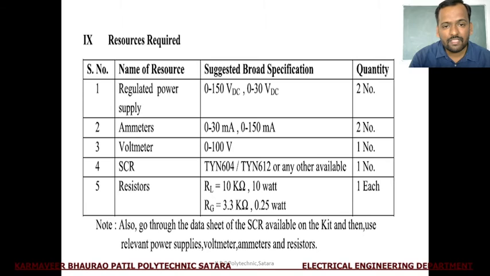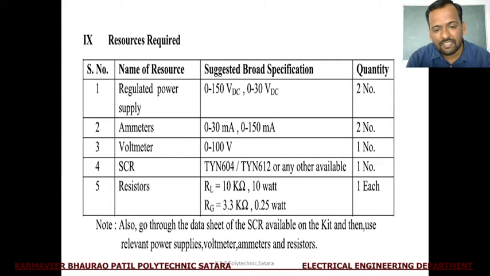Now in this practical, we require a regulated power supply of 0 to 30 volts, two numbers, then an ammeter to measure current, a voltmeter to measure voltage, then SCR TYN604 or TYN612 or any other available. Here we are using TYN612.